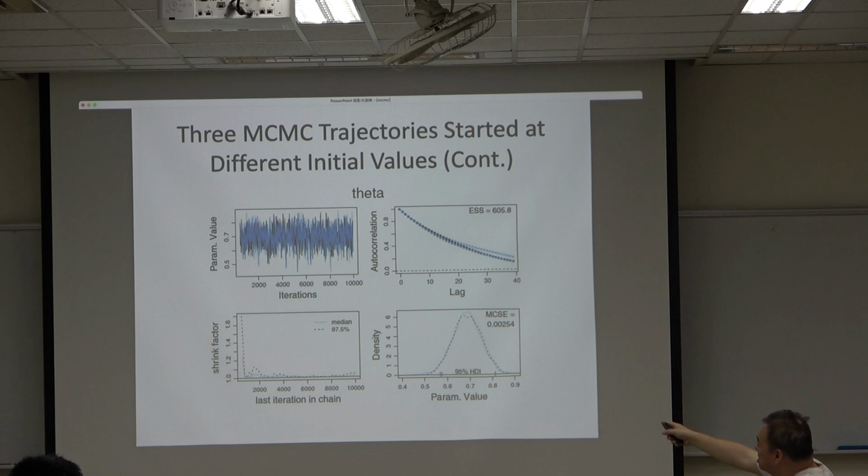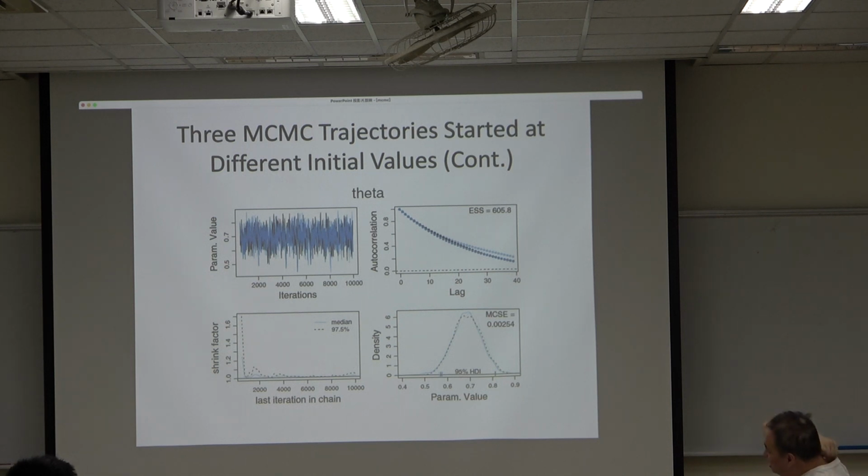The upper left figure. You remember, in the textbook, every time we generate a posterior, we have something similar to the upper left figure, right? That shows the trajectory of the parameter value.